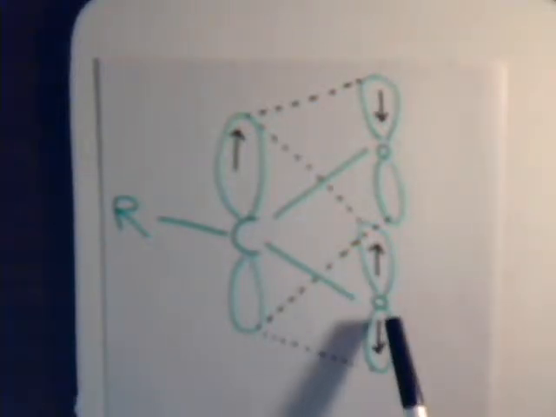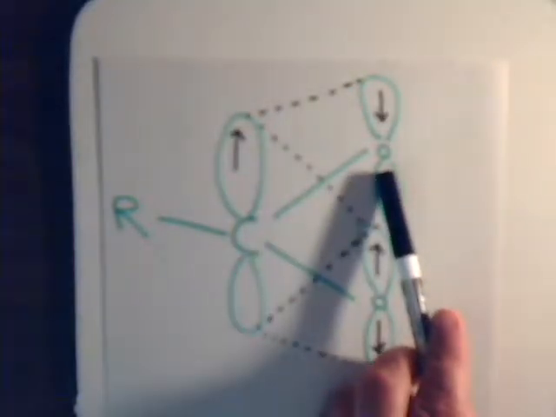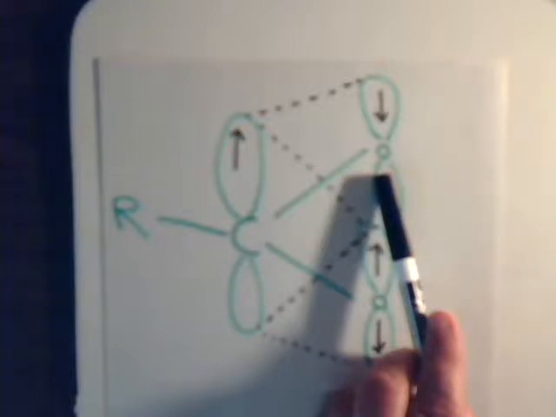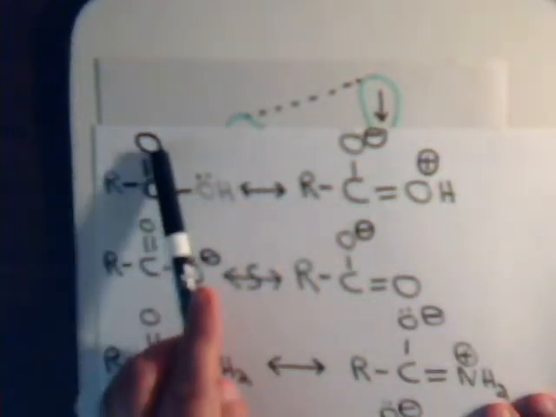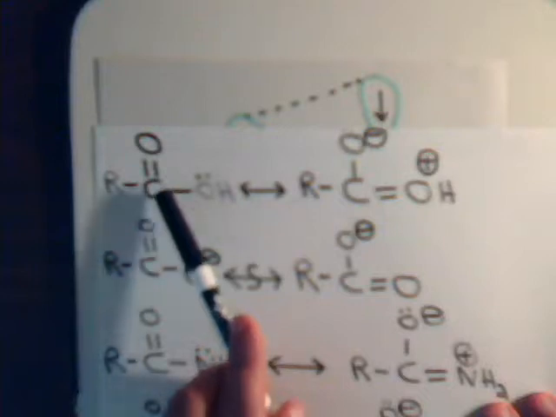So where this is depicted right now, that would have a negative charge. And then we have the carbon and the carbonyl oxygen. Now, while it was protonated, while it was in this form, this was a double bond. So the pi orbitals between the carbon and the oxygen were actually overlapping to form that pi bond.